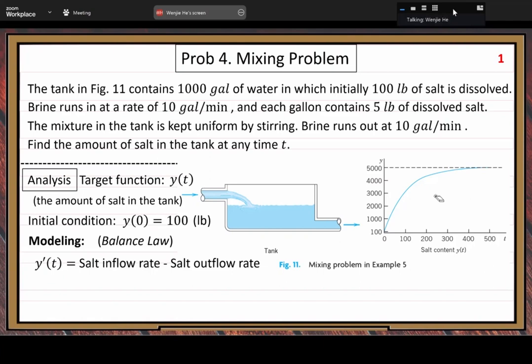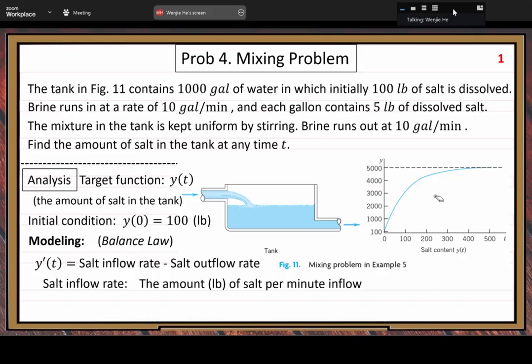Next, to solve this equation, we need to figure out the inflow rate and the outflow rate. Then we have an equation. Salt inflow rate: the amount of salt inflow per minute.